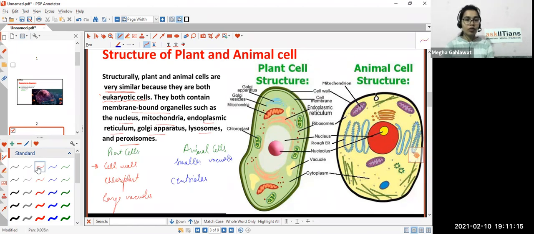I'll write this down here for you once again. Now that is one thing. We'll go over the entire structure of plant and animal cell once.